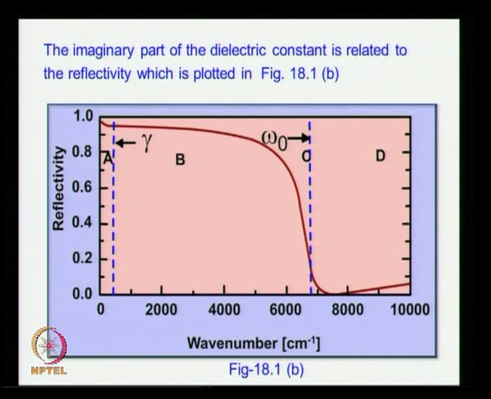This shows that the reflectivity is 1 at low frequencies, which means that at low frequencies the metal reflects all the incident electromagnetic radiation, except when the frequency approaches the plasma frequency.